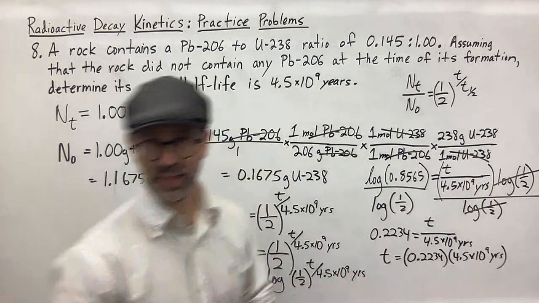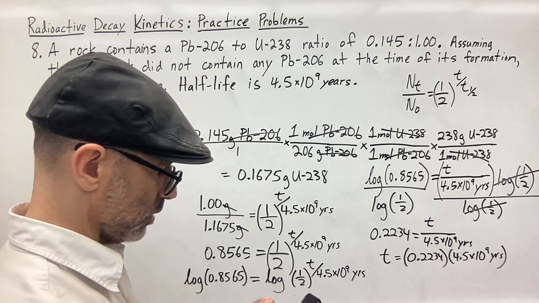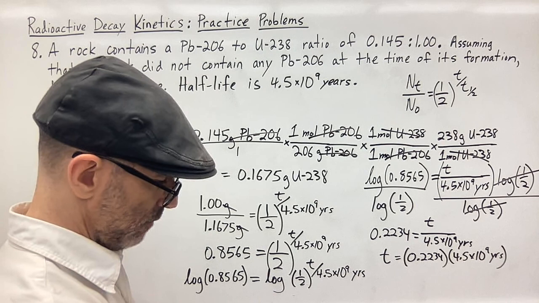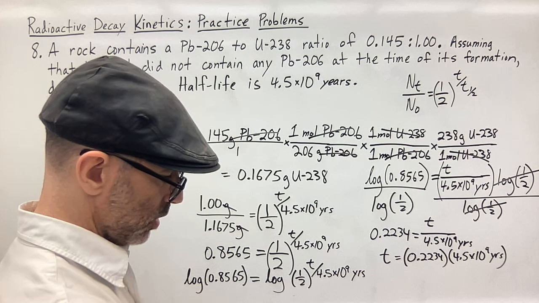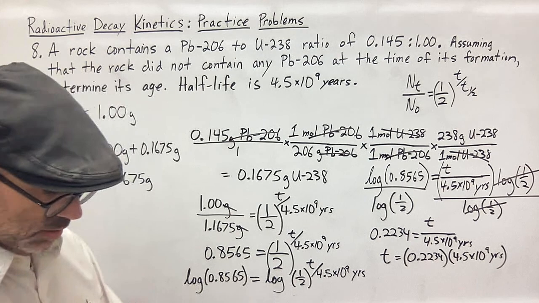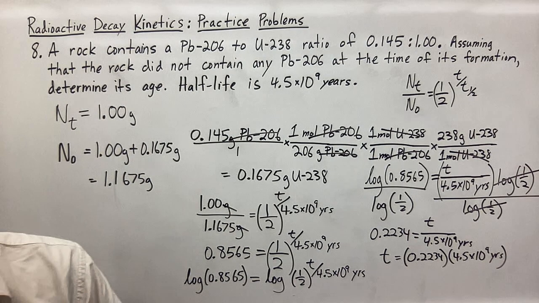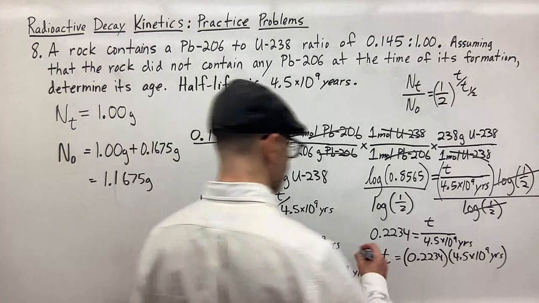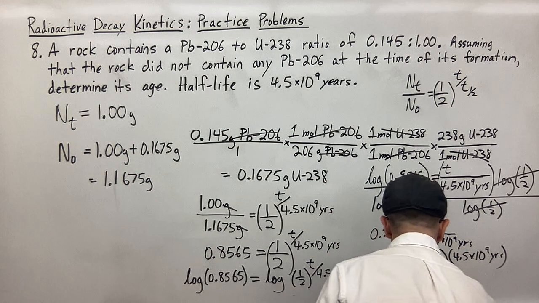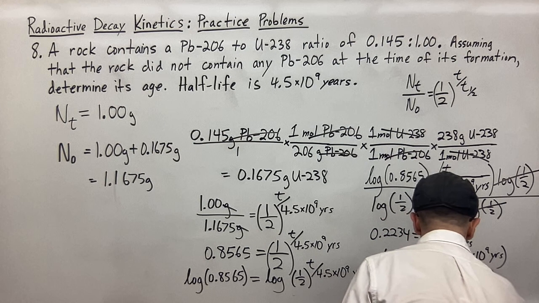When I calculate that out, I get 1.01 times 10 to the 9 years.